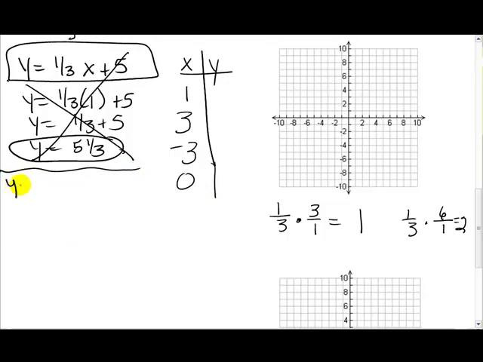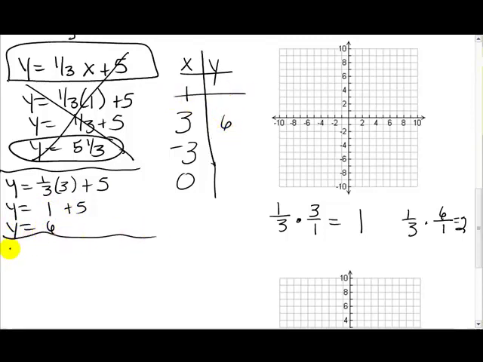So we've got y equals 1/3 times x plus 5. Drop in the 3. 1/3 times 3 is 1, and y is going to equal 6. Y equals 1/3, and we're going to do -3 this time.